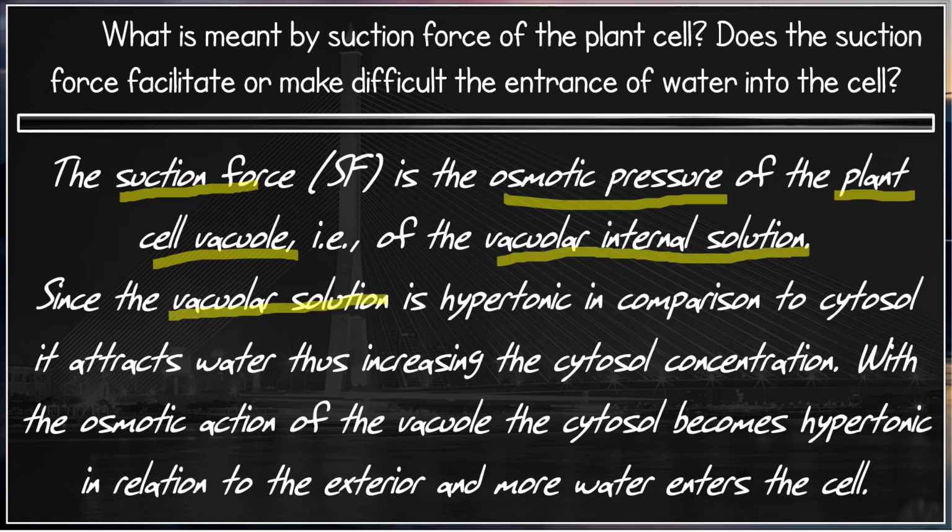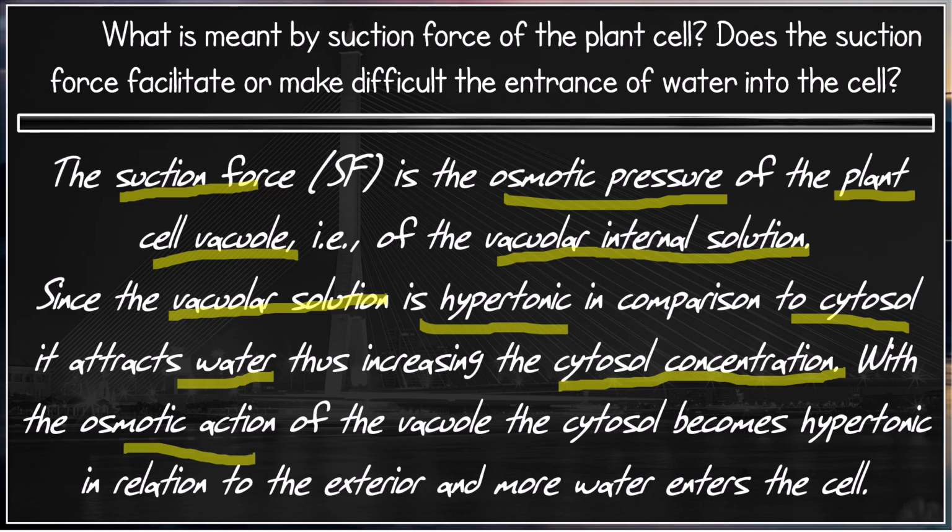Since the vesicular solution is hypertonic in comparison to the cytosol, it attracts water, thus increasing the cytosol concentration. With the osmotic action of the vacuole, the cytosol becomes hypertonic in relation to the exterior, and more water enters the cell.